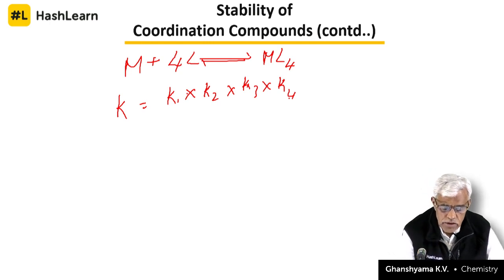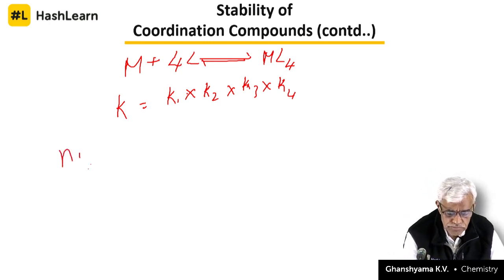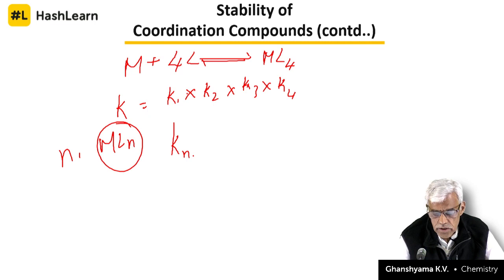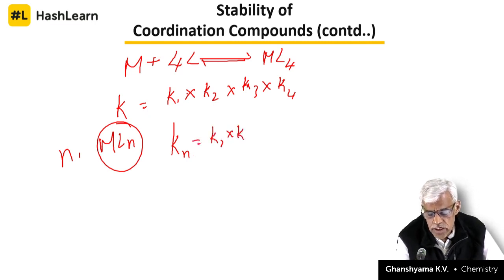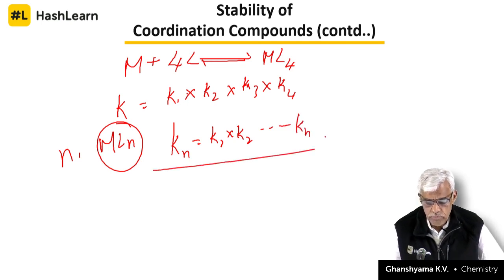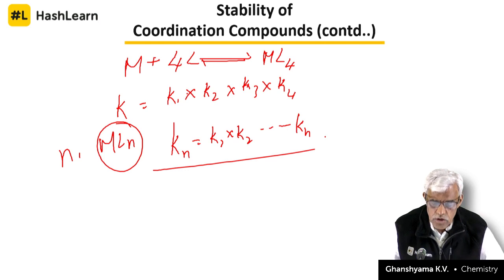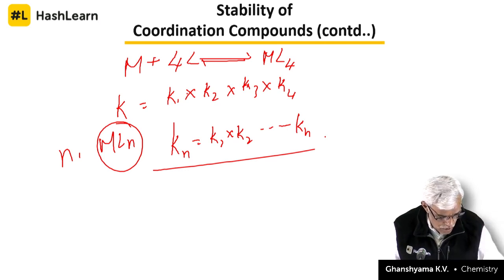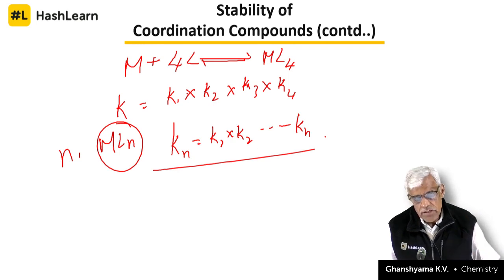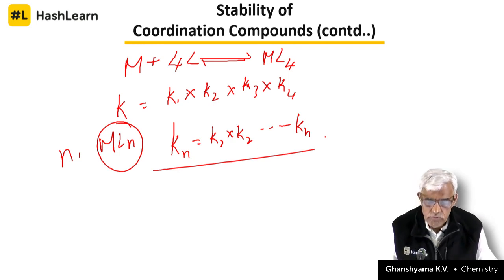If there are n number of ligands, suppose it is MLn, then Kn is equal to K1 into K2 up to Kn. If the stability constant is more and more, the stability of the coordination compound will be more and more.